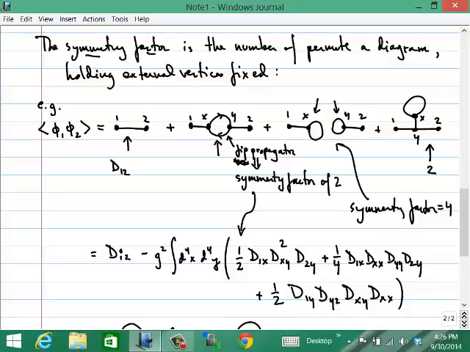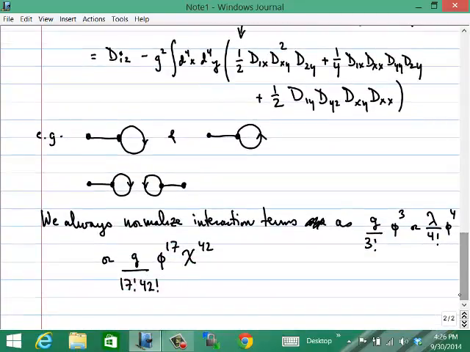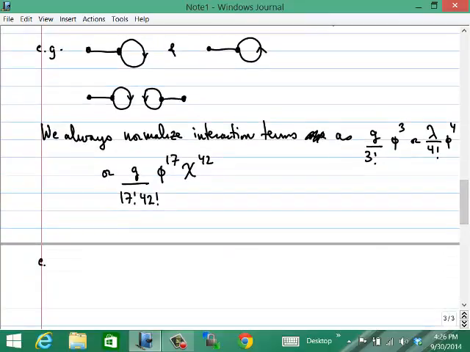Okay. We'll get to those. So let's burn that bridge when we come to it. But so, for example, this gives a straightforward algorithm for writing down subsequent contributions to this at higher and higher order in perturbation theory.